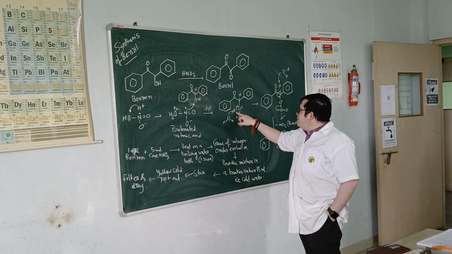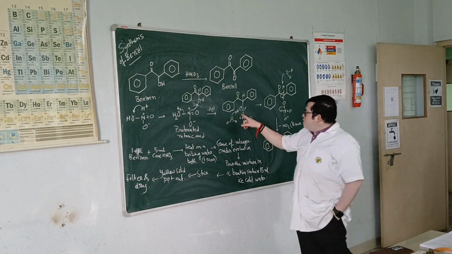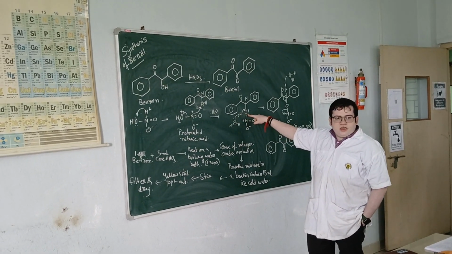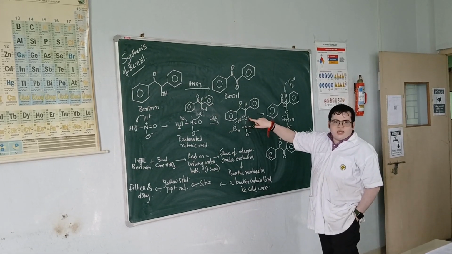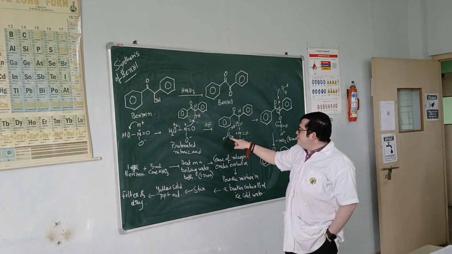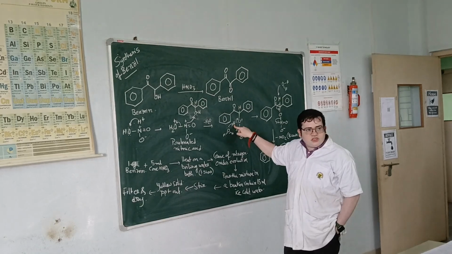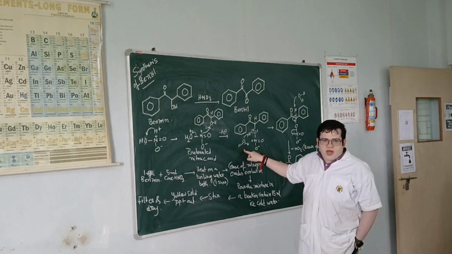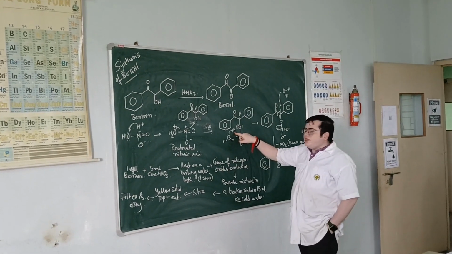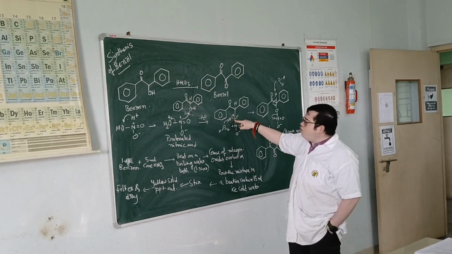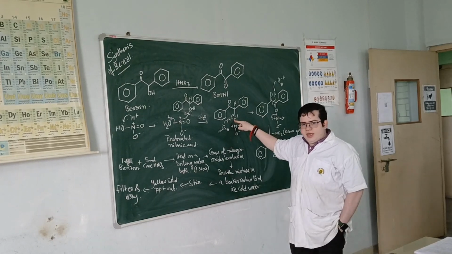So in this intermediate, we have one hydrogen atom directly attached to oxygen, and this oxygen is positively charged. So one molecule of water will come and take up the hydrogen as a proton, and it will form H3O+. And as the hydrogen is taken up, the electrons will remain as a lone pair on this oxygen atom.